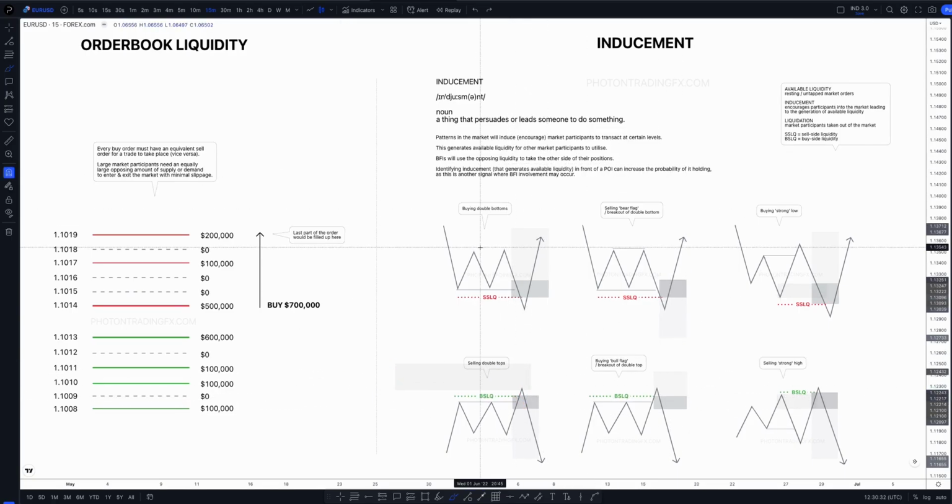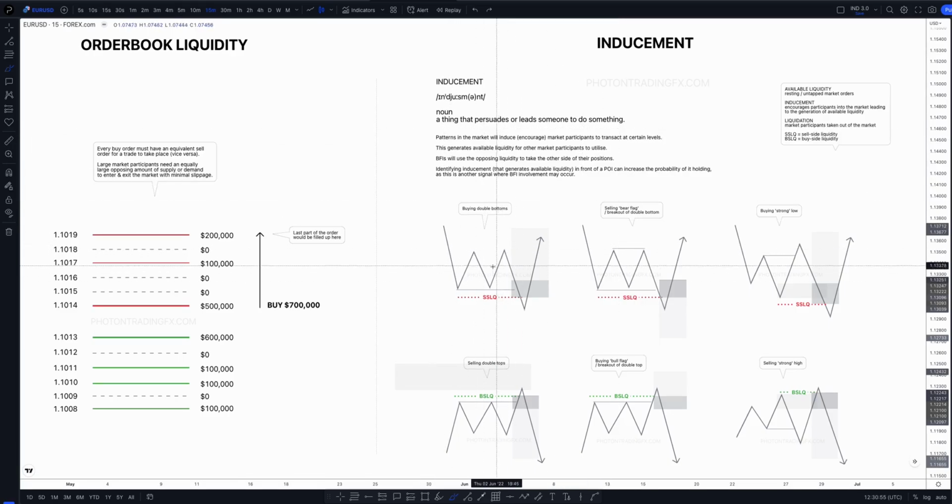So when we say inducement, the Oxford English Dictionary definition, God, that was a mouthful, ironic, of inducement is a thing that persuades or leads someone to do something, okay?